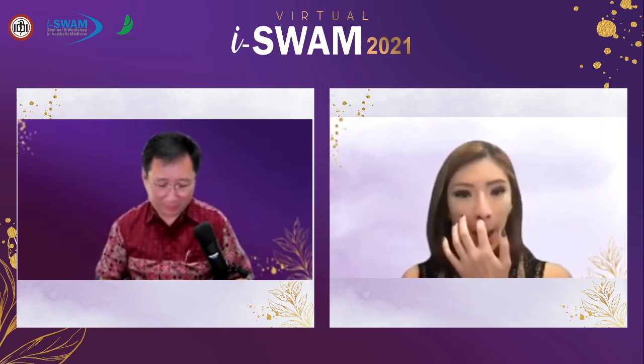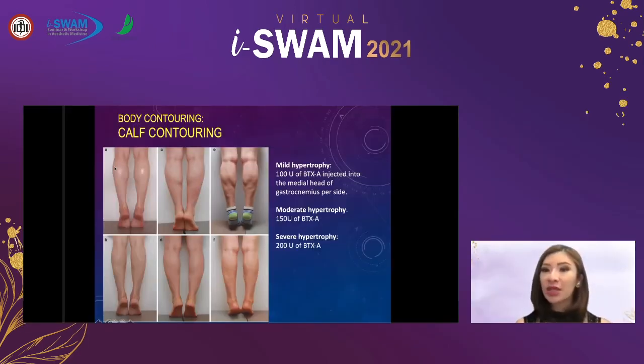When we inject the calf safely, first, I try not to exceed 100 units on both sides, even though in this patient they used 100 units on each side. What I do is inject only 60 units per side, because if the patient is not satisfied with the result, we can do an injection in the next session.